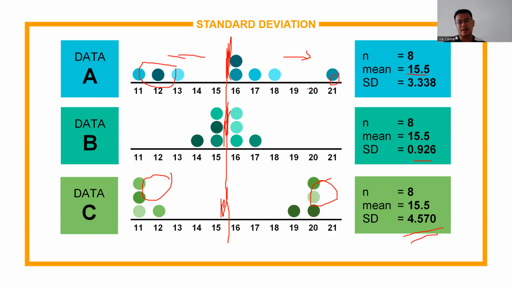And the standard deviation would explain better bakit malayo or malapit or mas spread yung mga individual data natin around kay mean. Okay? Naintindihan ba yun, guys? Question?